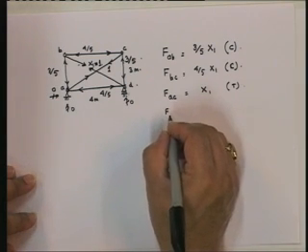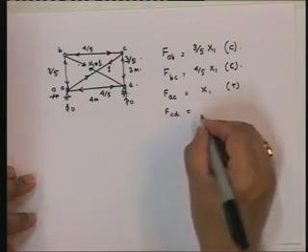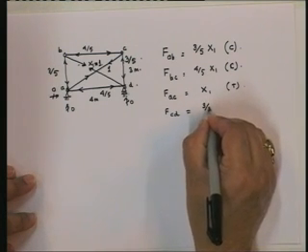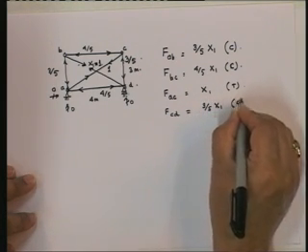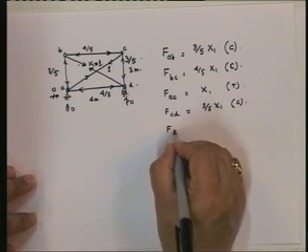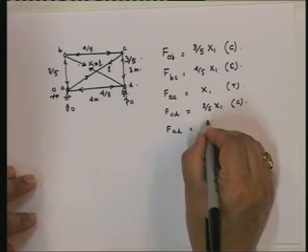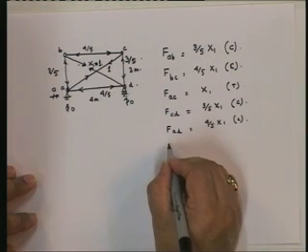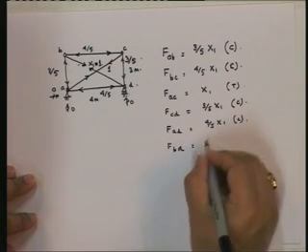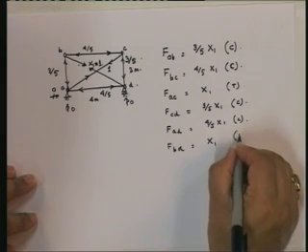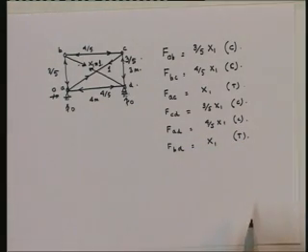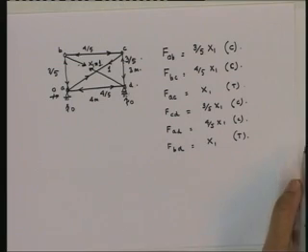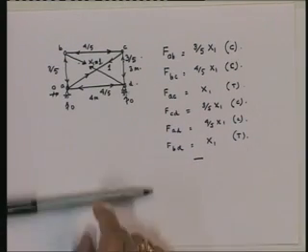Member CD is equal to 3 by 5 x1 compression. Member AD is equal to 4 by 5 x1 compression, and member BD is going to be equal to, well, that's the one that we've applied, so it's going to be equal to x1. So we have found out the forces in all the members due to an unknown force x1.